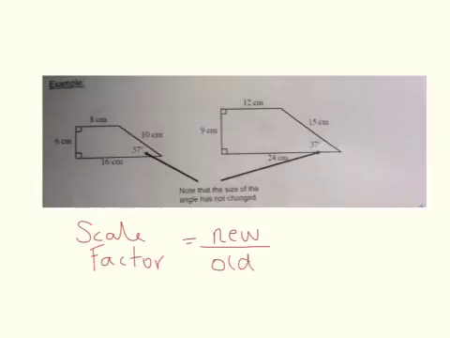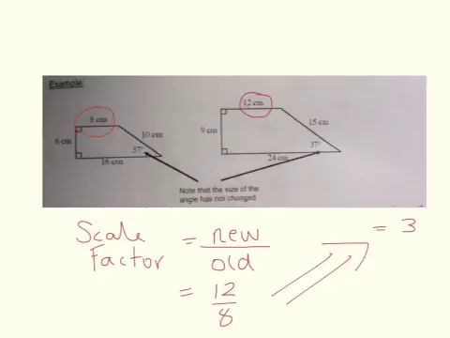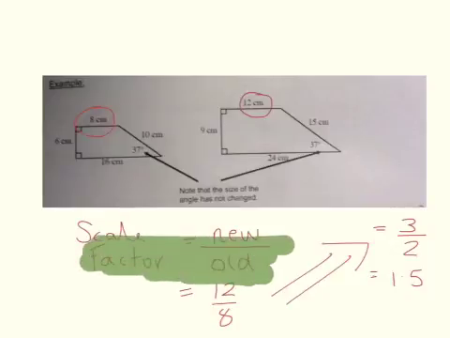So for example, we can look at 12 centimeters and 8 centimeters. We can write that as 12 over 8. The scale factor can be simplified to 3 over 2, and 3 over 2 is 1.5.